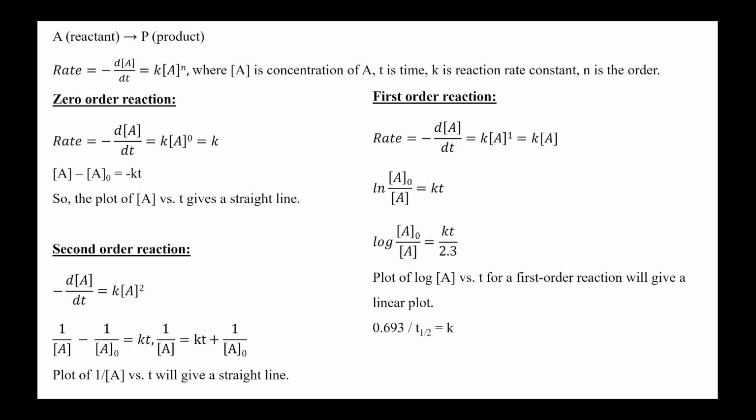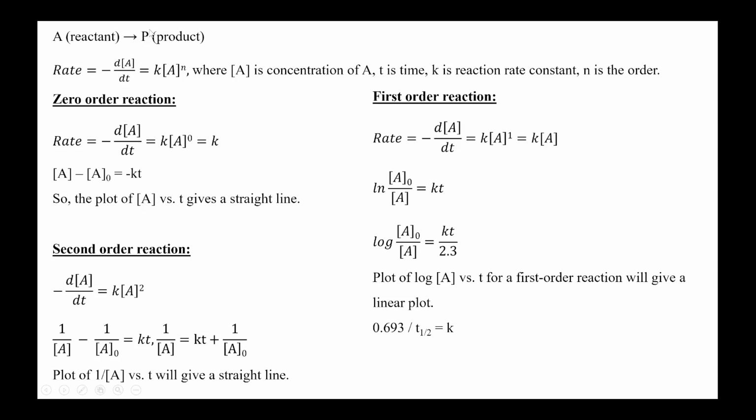That would be either a decrease in the concentration of A with respect to time or an increase in the concentration of the product with respect to time. So rate can be written as negative dA by dt, where A is the concentration of A, or it can be written as a positive dP by dt because P is forming here.